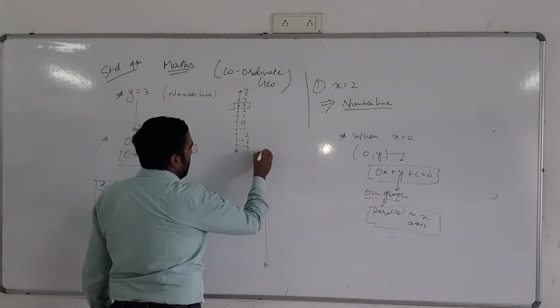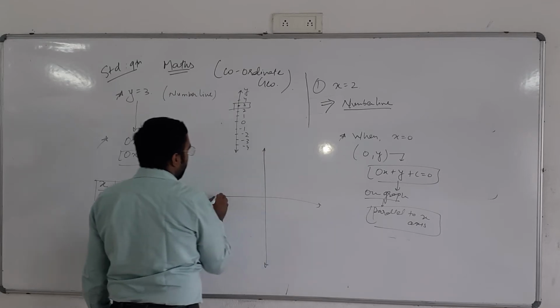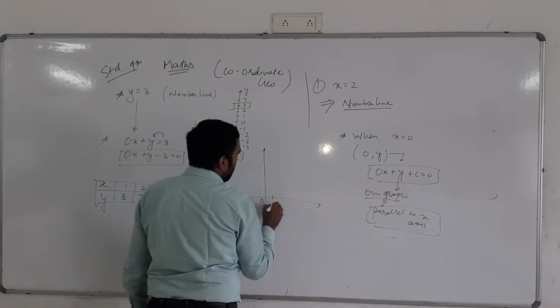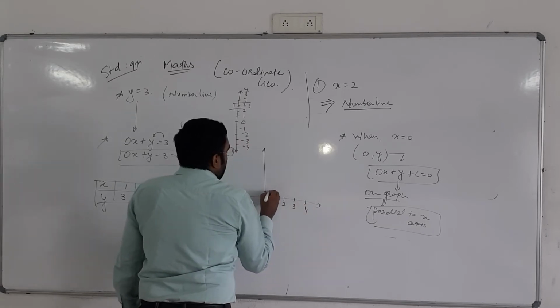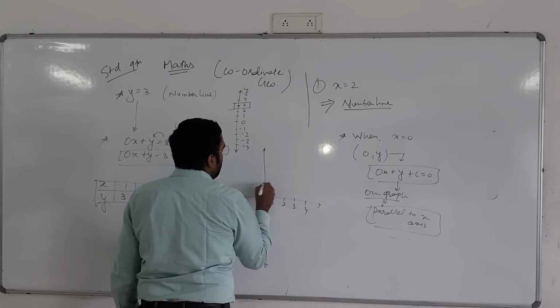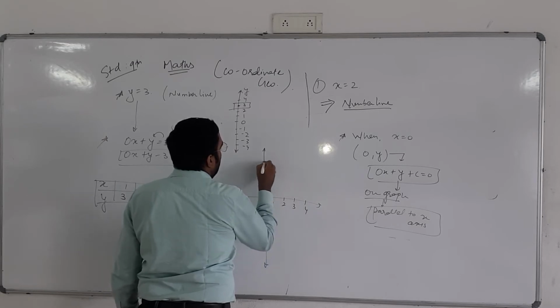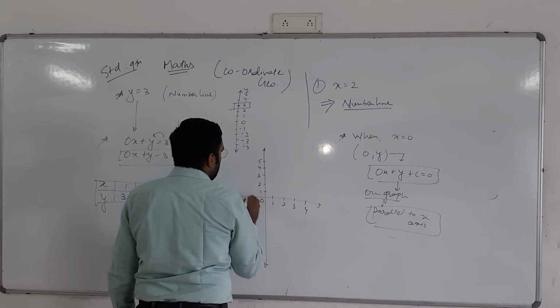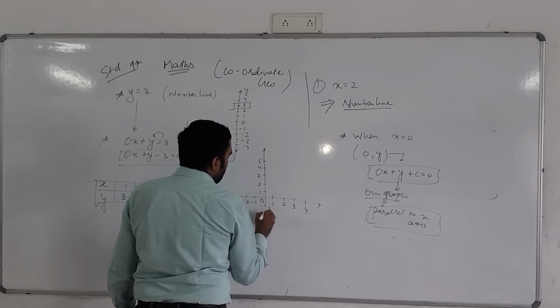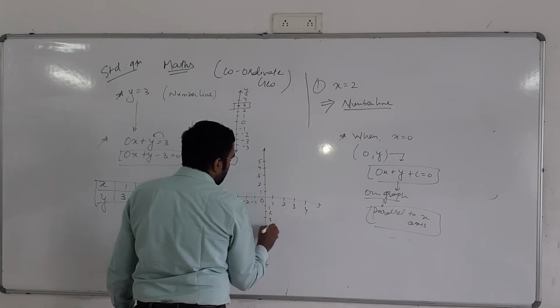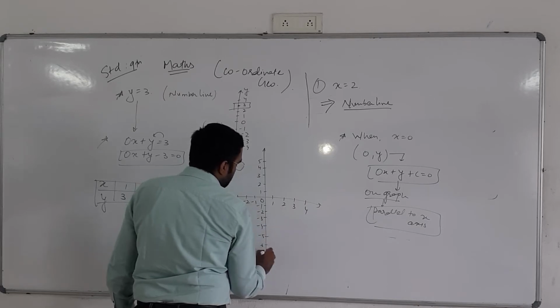So as per these coordinates, I will show the graph, that is 0, 1, 2, 3, 4, 1, 2, 3, 4, 5, oh sorry, that is my -1, -2, -3, -4, -5, -6 and -7.